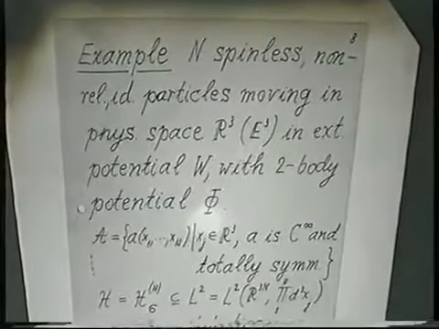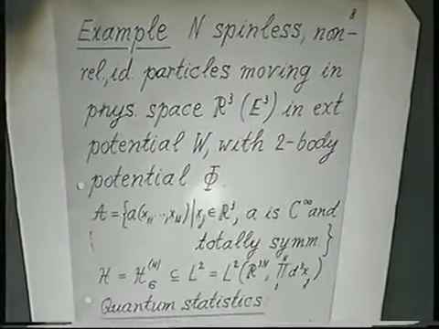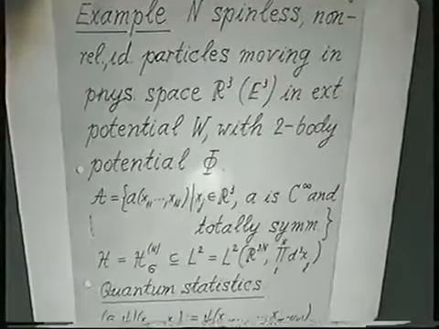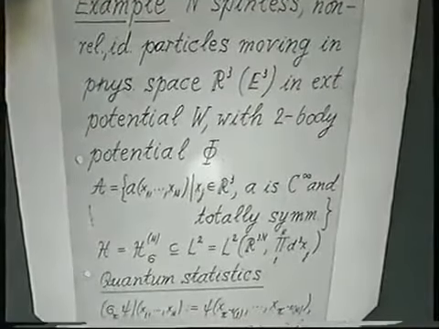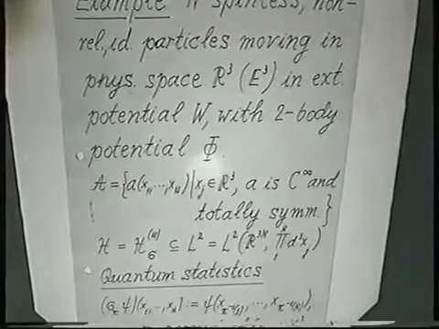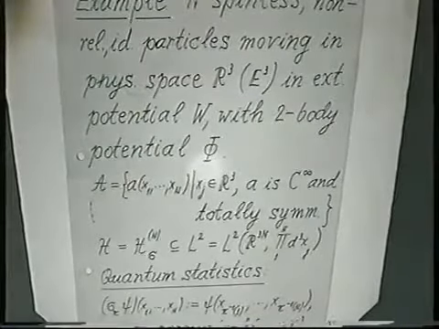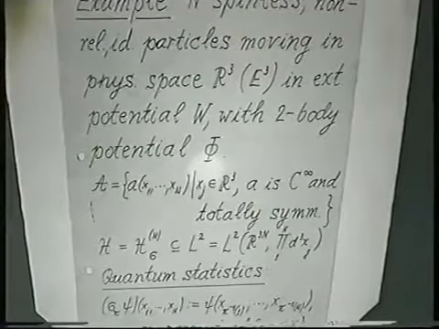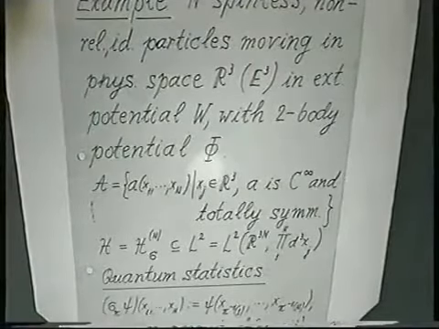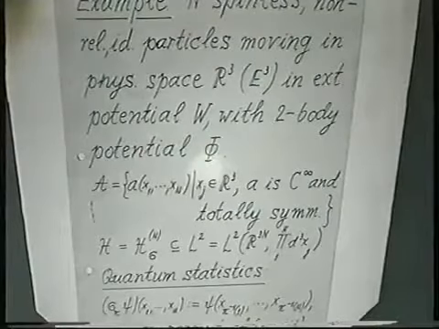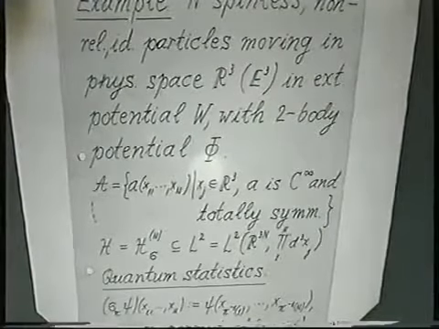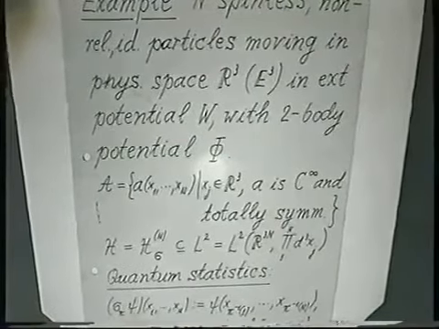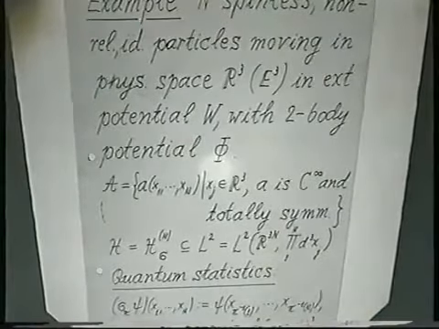They feel the influence of an external potential W, and they may have two-body interactions described by a potential phi. The algebra that encodes the physical situation is then, for example, an algebra of functions that depends on the positions of these n particles. The function A is smooth and totally symmetric under permutations of the arguments.